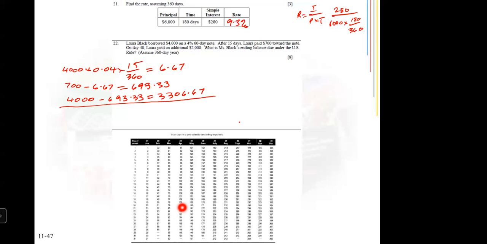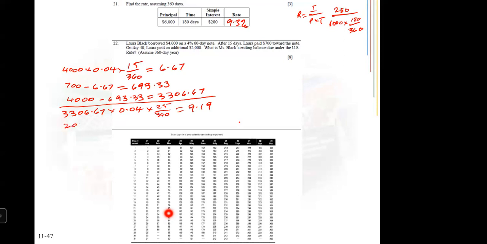So another payment was made on day 40 of $2,000. So the principal is now 3,306.67. So 3,306.67 times 0.04. This time you have gone 25 days since the last payment. So that should be 25 over 360. And that works out to $9.19. Then you made a payment of 2,000. So you're going to take that interest out of the 2,000.